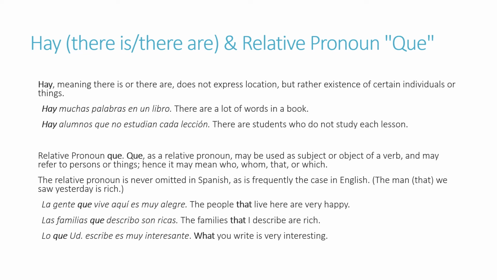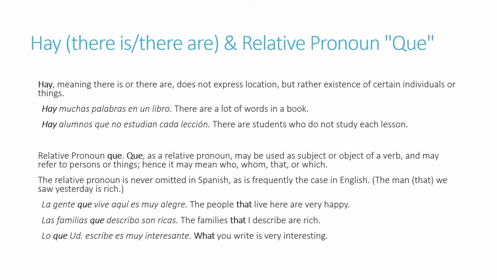The man that we saw yesterday is rich. La gente que vive aquí es muy alegre. The people that live here are very happy. Las familias que describo son ricas. The families that I describe are rich. Lo que usted escribe es muy interesante. What you write is very interesting.